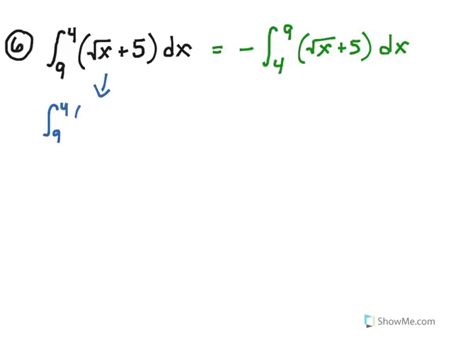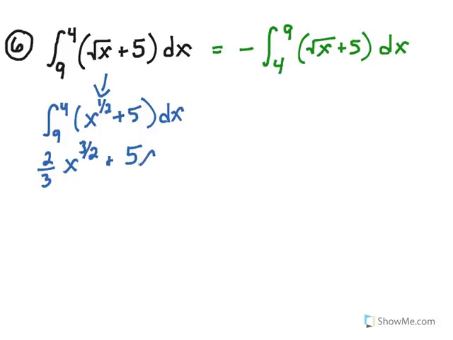Alright, so if I just go into finding the antiderivative, keep in mind this is really the antiderivative from 9 to 4 of x to the 1/2 plus 5. And then when we go through the antiderivative process there, we get x to the 3/2 divided by 3/2, which is the same as times 2/3, and then we have plus 5x.